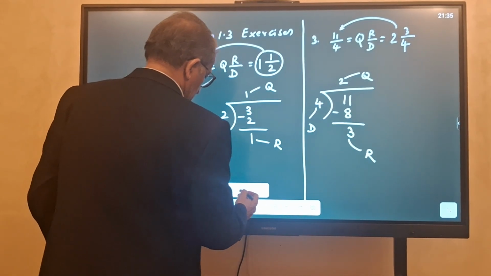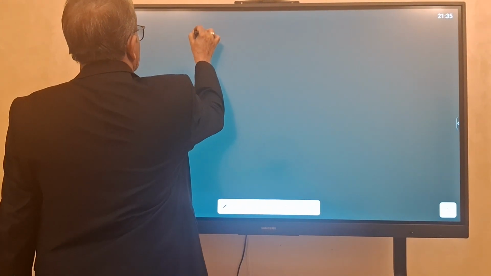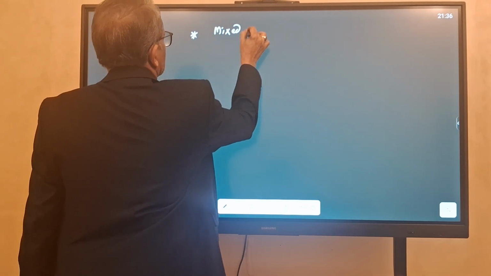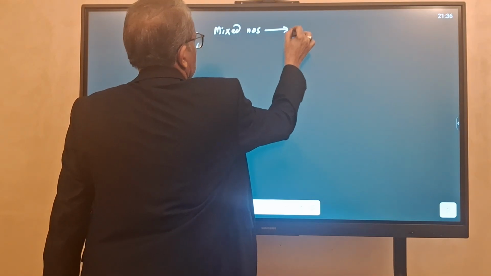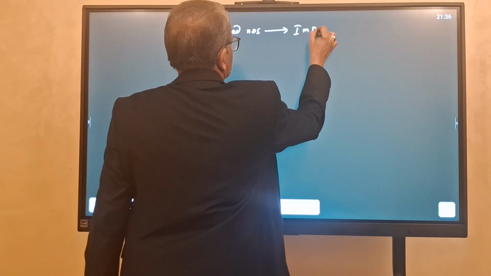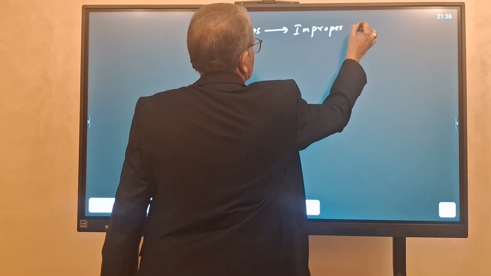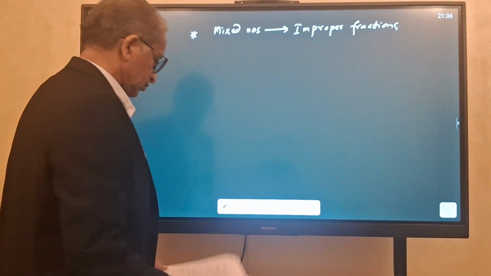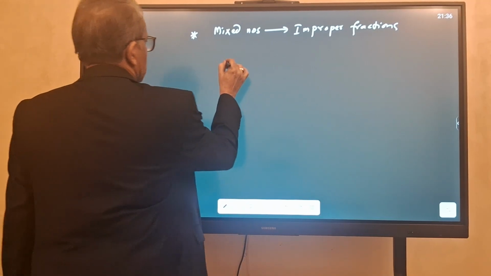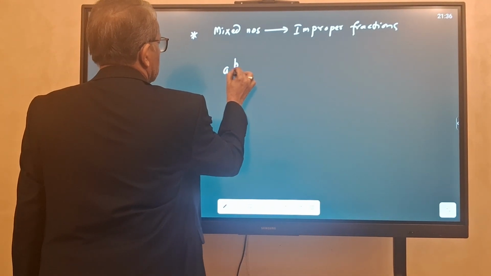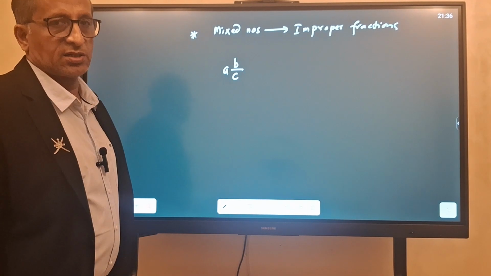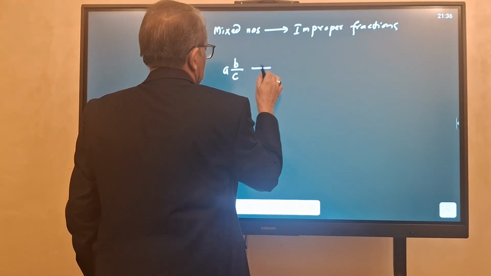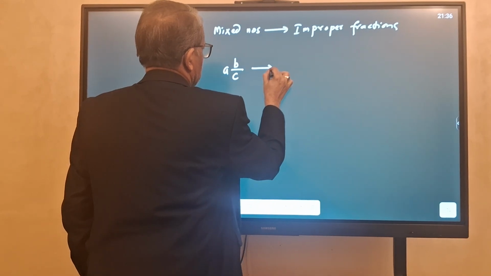The next set of questions are these. That means a mixed number can be converted into an improper fraction. How? For example, just check it. A, B by C is a mixed number. Now I will convert this into an improper fraction.